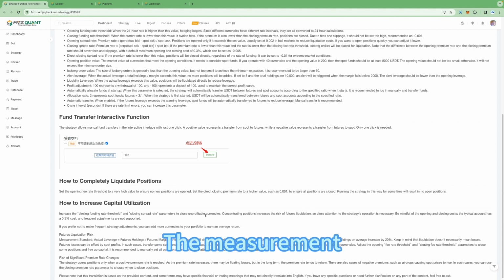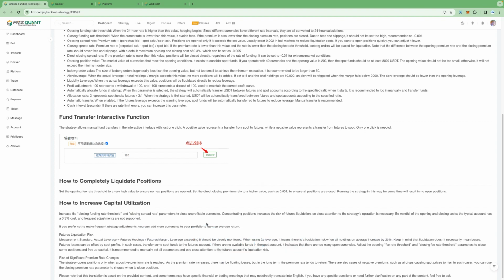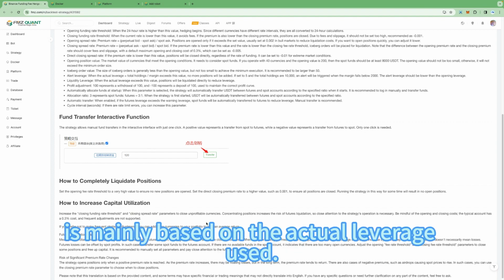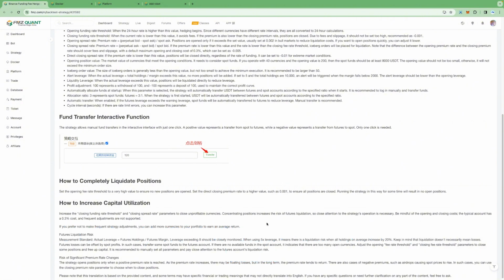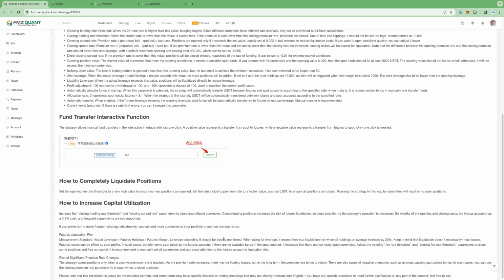The measurement standard for the risk of futures liquidation is mainly based on the actual leverage used. If it is greater than 8, more attention needs to be paid.